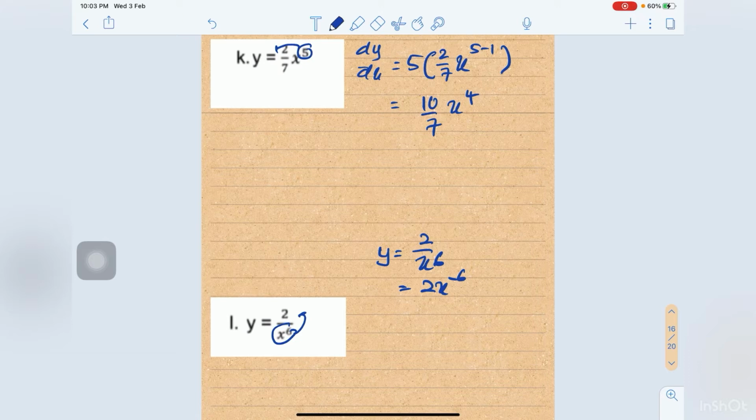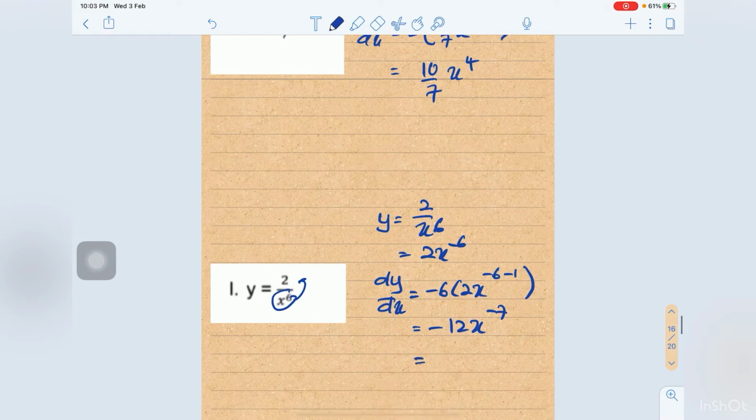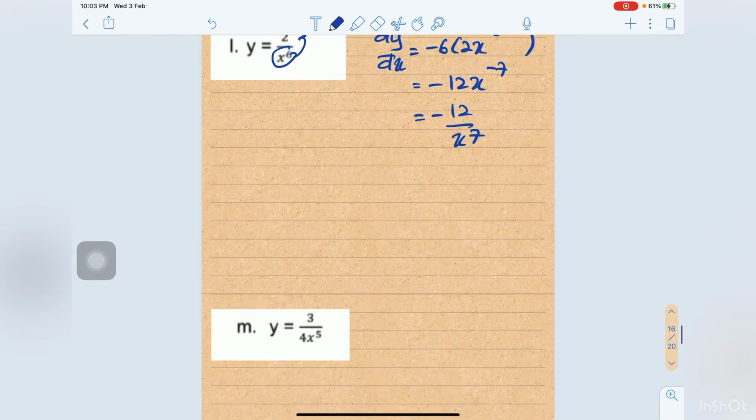Then we have y in terms of x, and we differentiate. We get dy/dx equals negative 6 times 2x^(-6-1), which is negative 12x^(-7), or more proper, negative 12 over x^7. Okay, next.